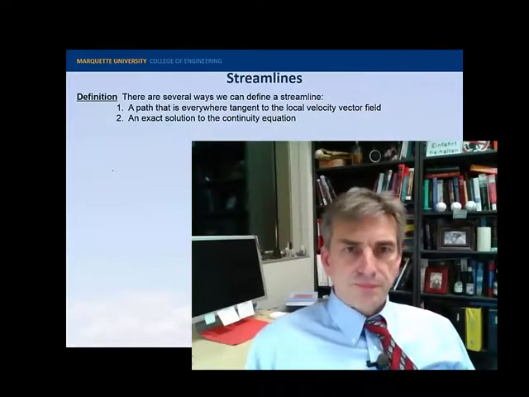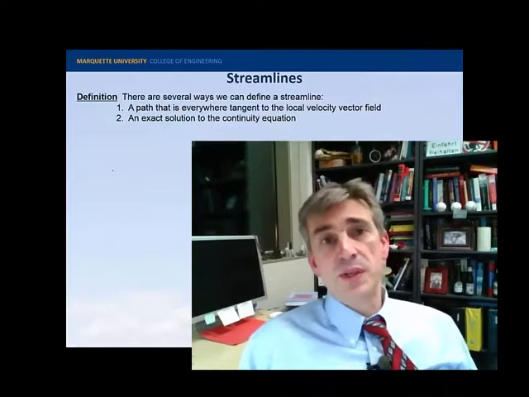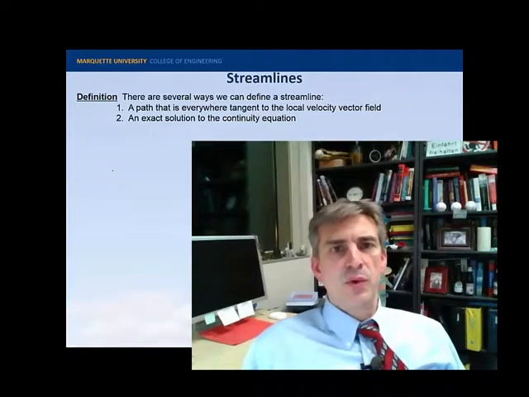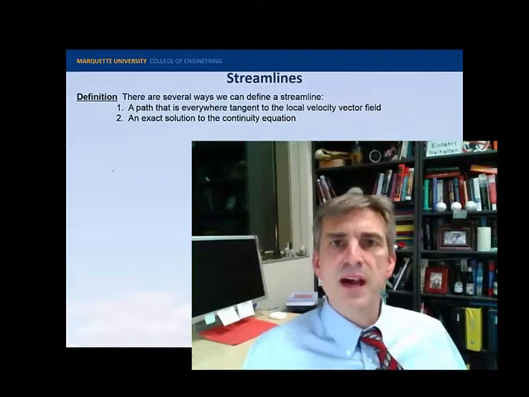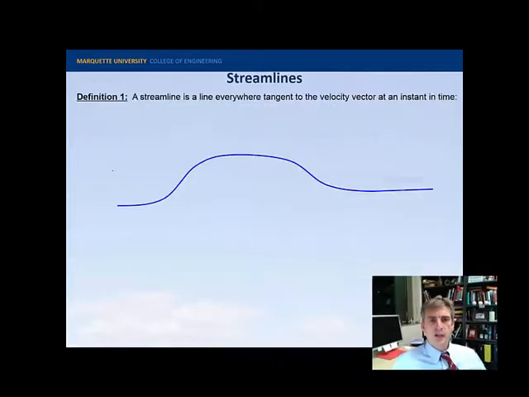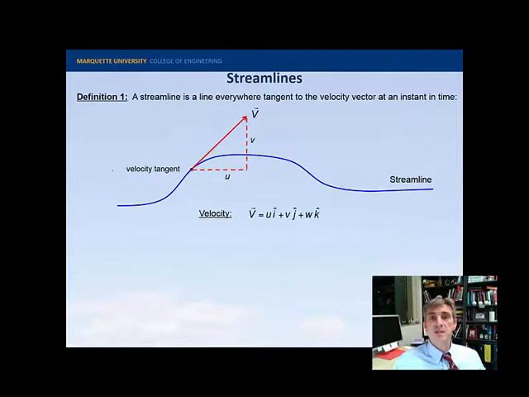Okay, so there are several ways we can define a streamline. We'll go at this in a couple of mathematical ways. The first one is to recognize that the streamline is the line everywhere tangent to the local velocity vector field. So I can draw a tangent velocity there, and I can recognize that that velocity vector is made up of scalar components.